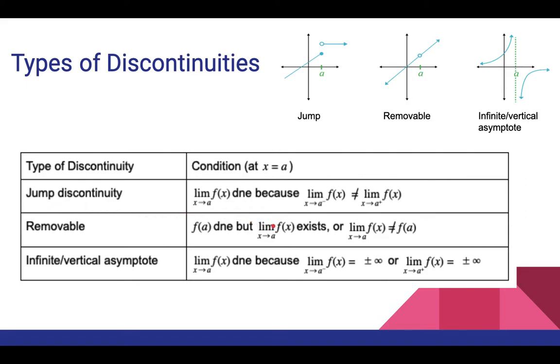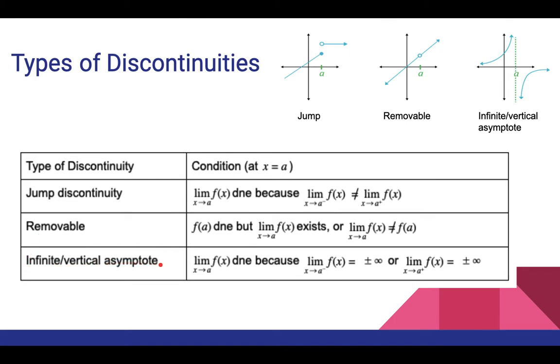A removable discontinuity occurs because f of a does not exist, like we see right here, but the limit exists, okay? Or, as we saw on the first slide, f of a could be a closed dot above our function here, but f of a does not equal what the limit as x approaches a of f of x actually is, okay? So that classifies a removable discontinuity.